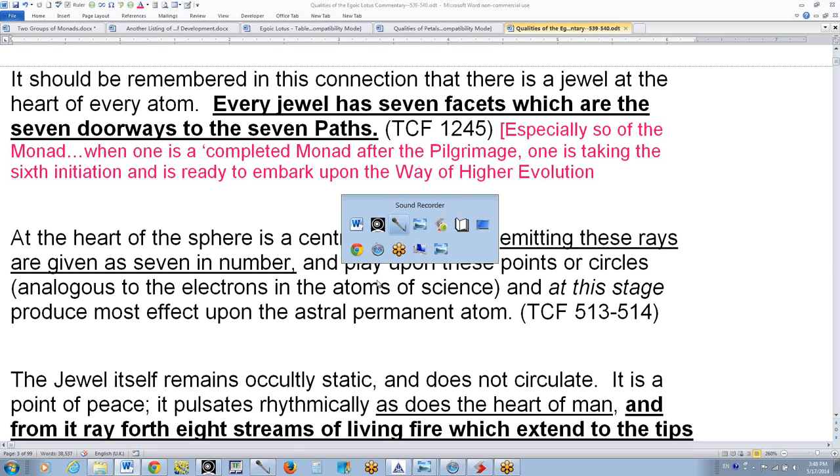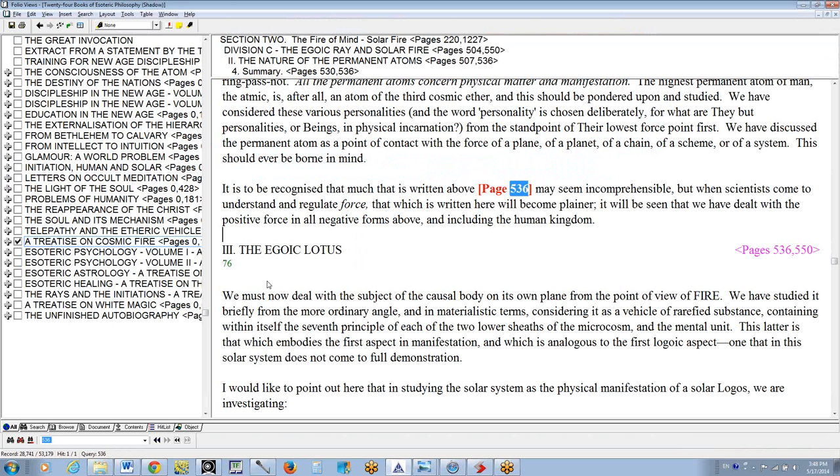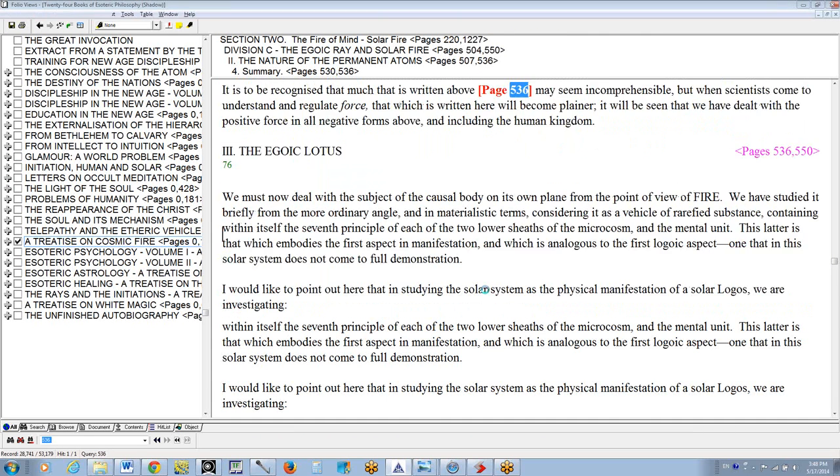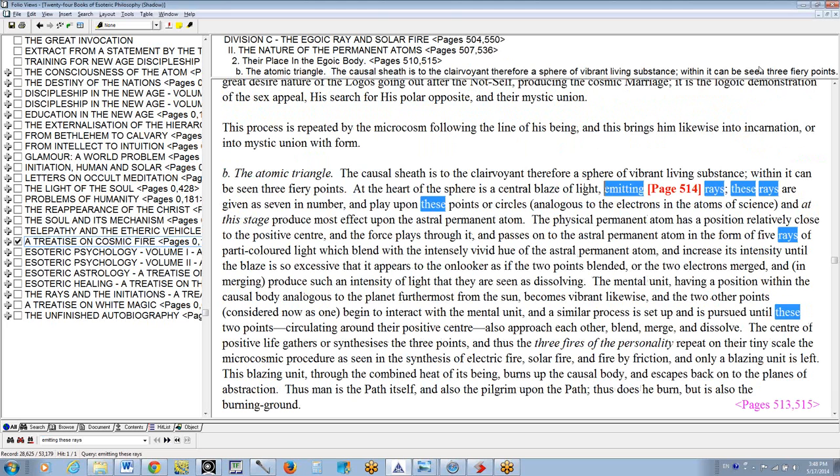Let's look in Cosmic Fire for that, make sure that I've quoted this correctly.